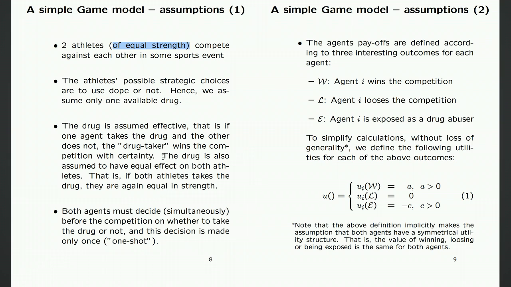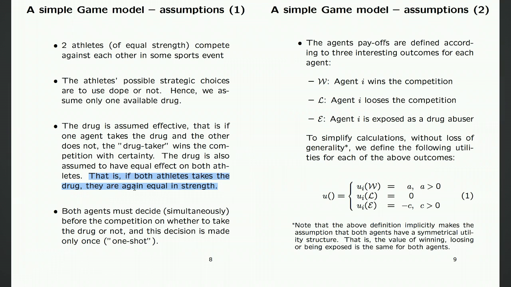If these 2 guys are clones, then of course it should have the same effect, shouldn't it? So a result of this assumption is that if both athletes take the drug, then again they are equal in strength. The drug has the same effect on both of them. They are originally the same, and of course they get the same. So there's a probability of a half for any of them winning.